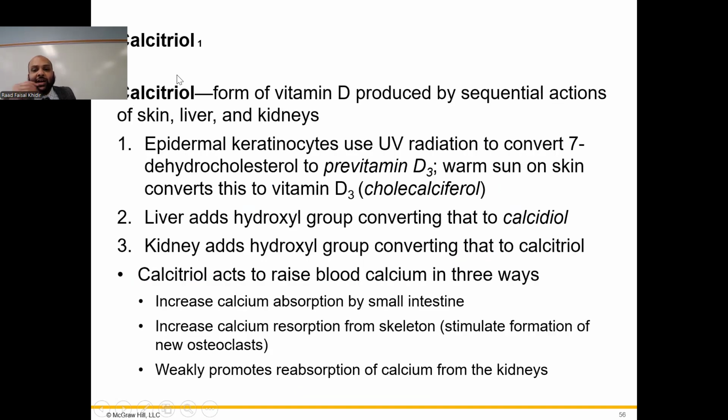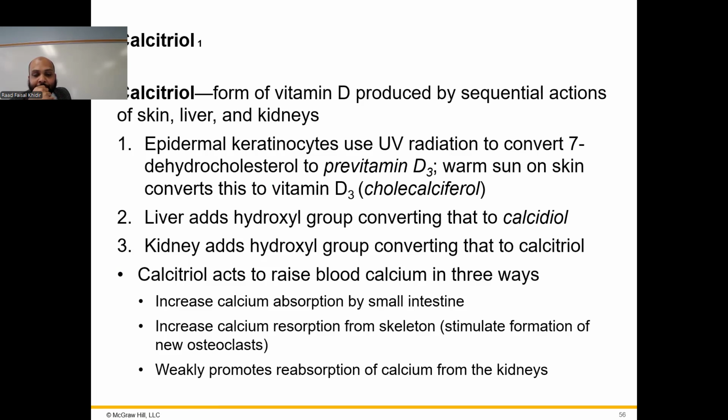So calcitriol is a form of vitamin D that is produced by sequential actions of the skin, the liver, and the kidneys. So the epidermal keratinocytes use ultraviolet radiation to convert 7-dehydrocholesterol to pre-vitamin D. And warm sun on the skin converts this to vitamin D3, cholecalciferol.